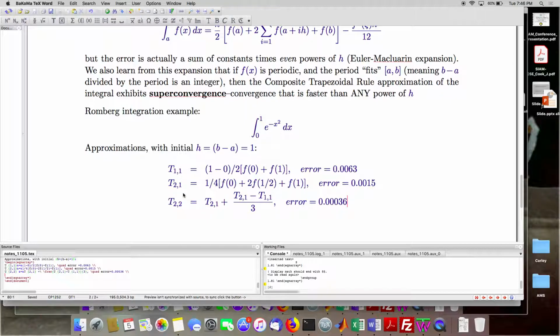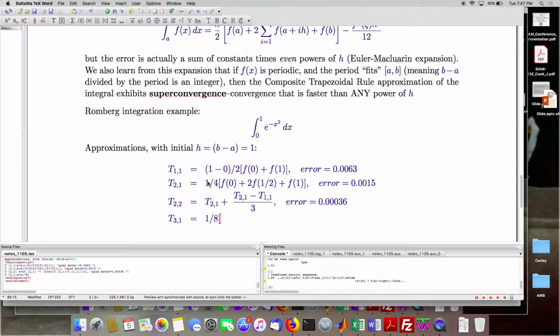But if I want to go any further, I need yet another trapezoidal rule approximation. So I'll call it T31. Remember, first column is just trapezoidal rule. So that would be 1/8.